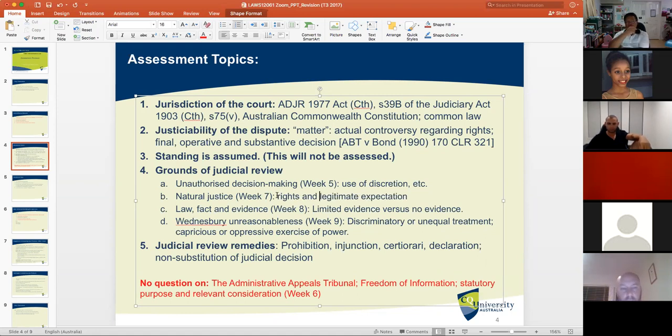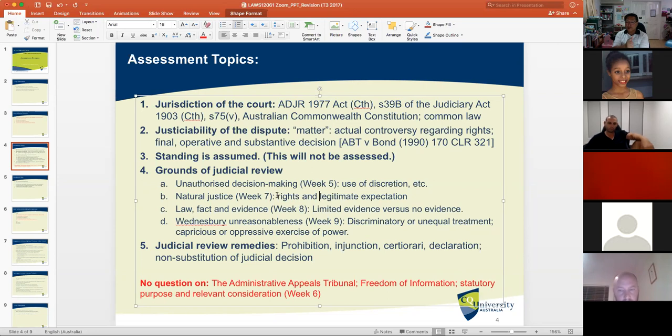Because we will recall that following Kioa versus West, when a decision maker makes a decision that interferes with or affects the rights, interests, or legitimate expectations of a person, there is a requirement that the decision maker must give that person an opportunity to be heard.